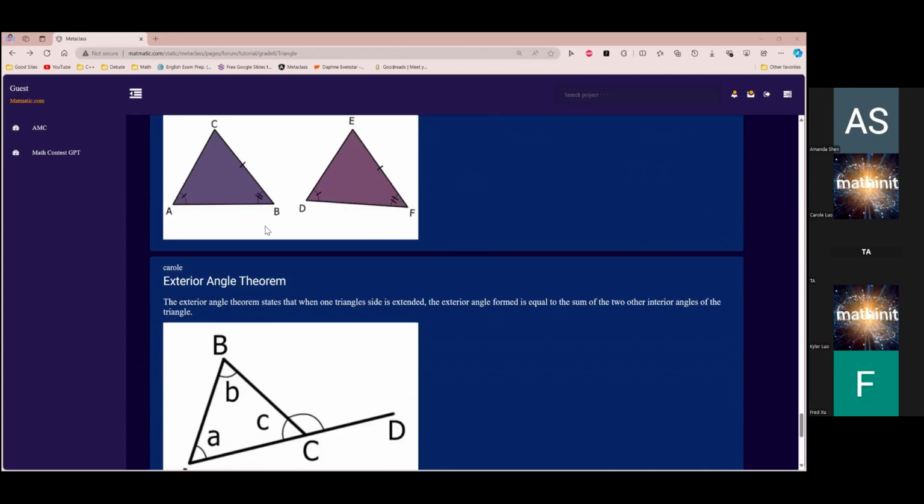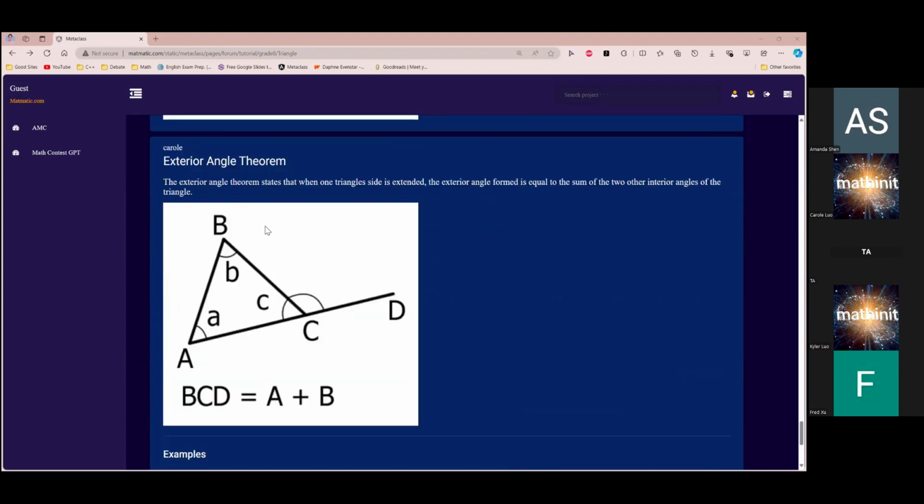So I'm just gonna go through this really quickly since I might go over time. But the exterior angle theorem, this is the formula for it. But you could also think of it like, let's say this side is x, then this entire angle is 100 degrees, so c plus x would be 180 degrees.